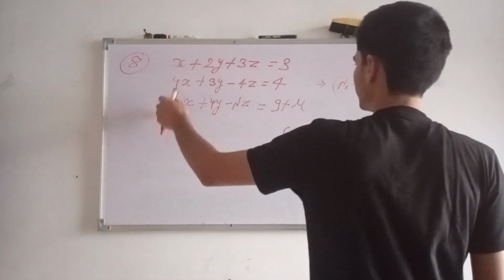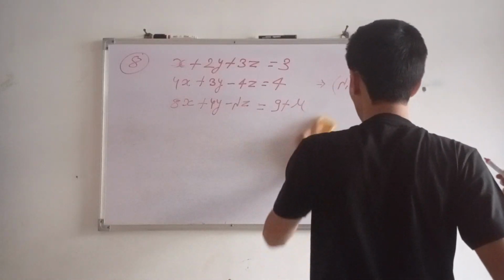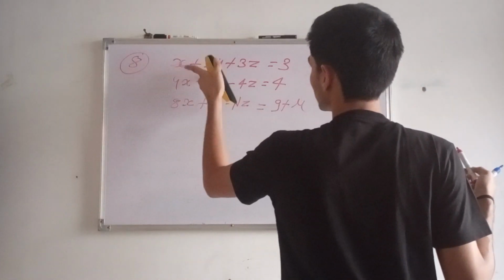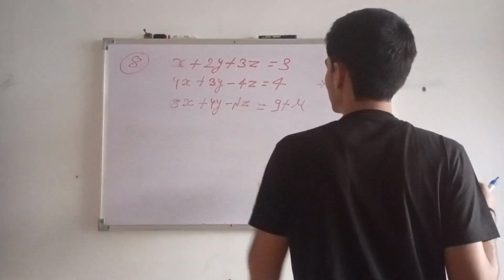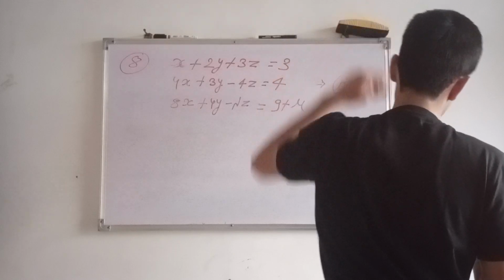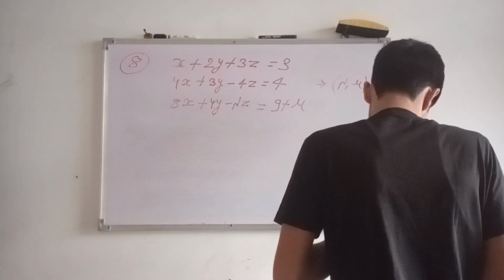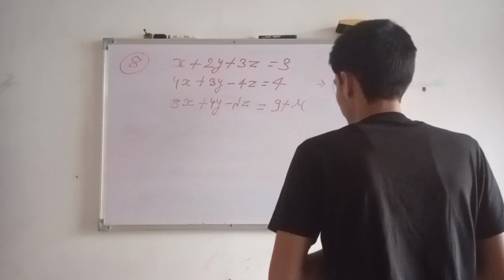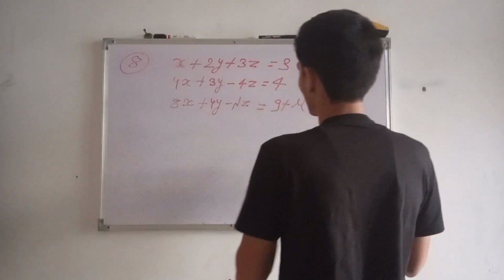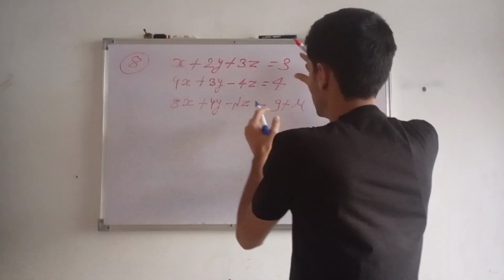So here we need to find any of the variables, x, y, z, in terms of lambda and mu. Then we can make that variable equal to a 0 by 0 form. So we will eliminate the other two variables from these three equations.